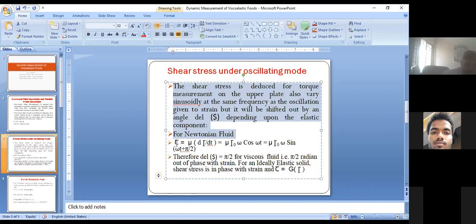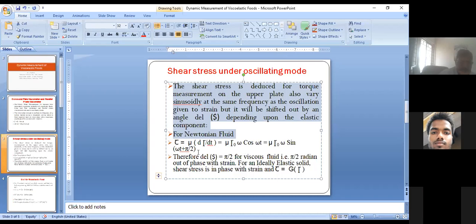How? Suppose tau is equal to mu gamma dot, that is by Newton's law of viscosity for a Newtonian fluid. Tau is equal to mu d gamma by dt. This can be written as tau is equal to mu gamma 0 omega cos omega t. By trigonometry this can be written as mu gamma 0 omega sin of omega t plus pi by 2.